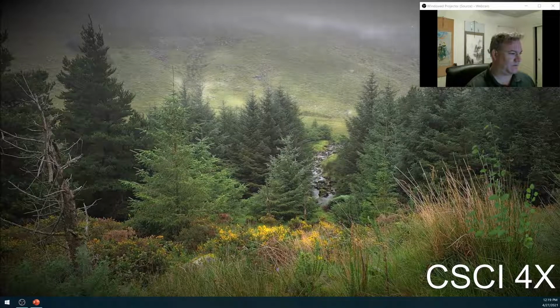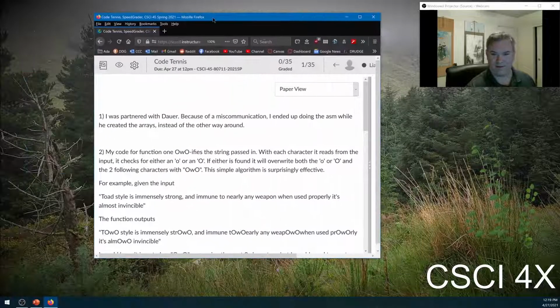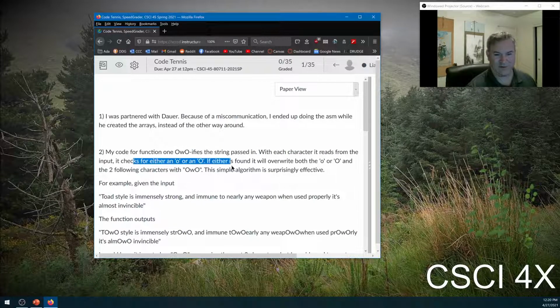So code tennis, hope you guys had fun with code tennis. Okay. My code for function 1, O05 is the string passed in. With each character it reads from the input, it checks to see if it's an O or no. If either is found, it'll overwrite both with O. Okay.